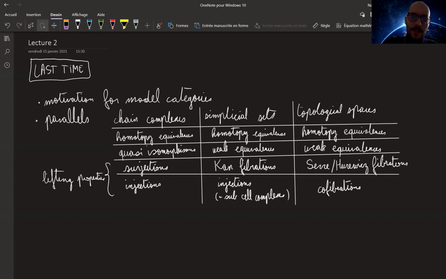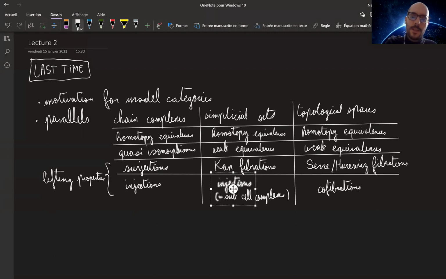And we realized that in order to deal with all this, we had to look at some lifting properties to find some models, some objects for which the two notions were equivalent, right? So for chain complexes, these were simply surjections and injections. For topological spaces, these were Serre or Hurewicz fibrations, and cofibrations, again, Serre or Hurewicz cofibrations.